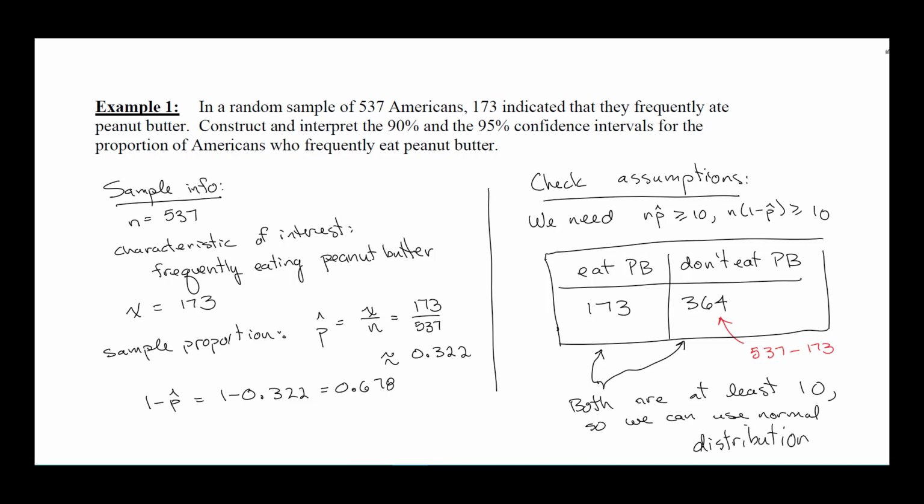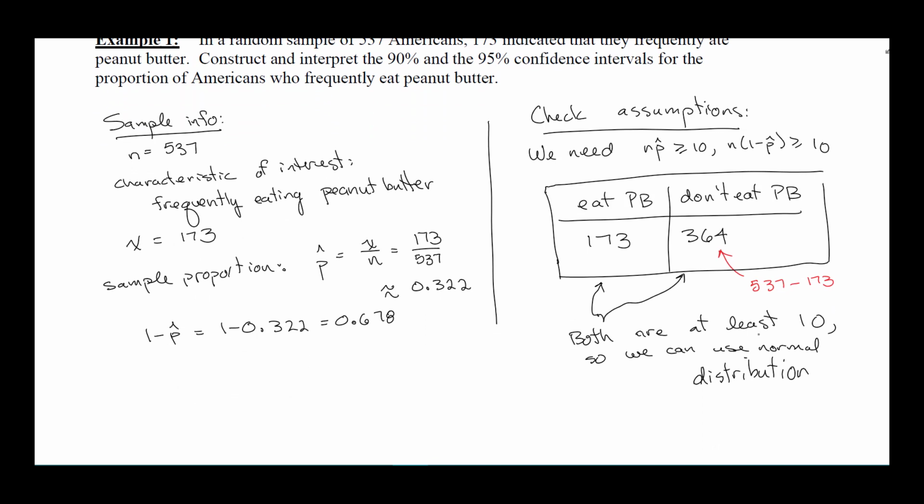Okay, so those are two things we need to do at once. That's the easiest way to think of that NP business: basically all of the groups have to be at least 10.